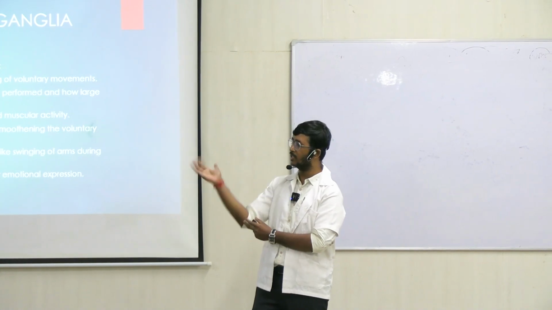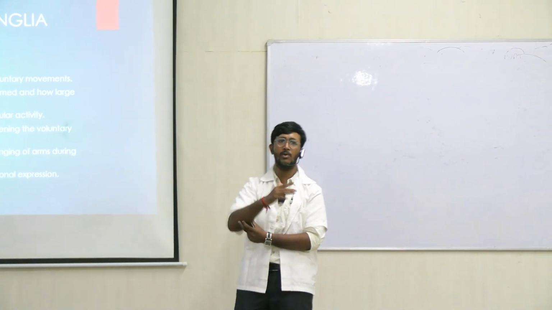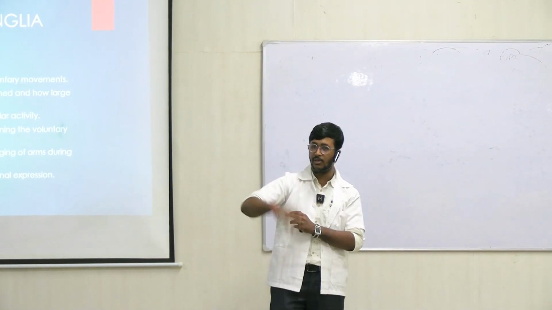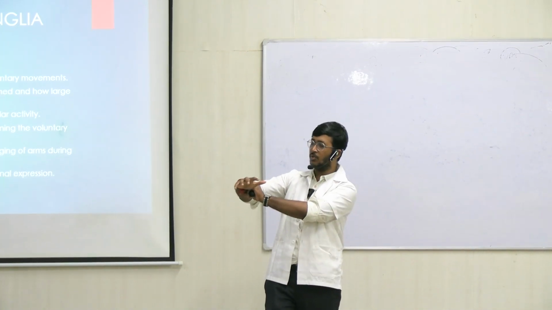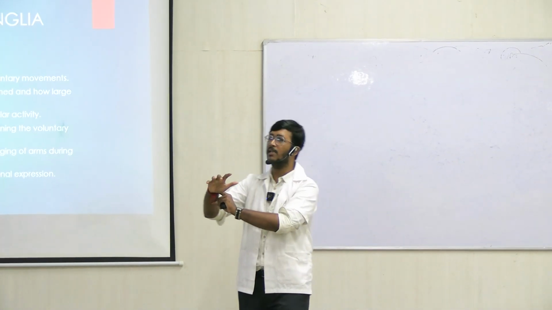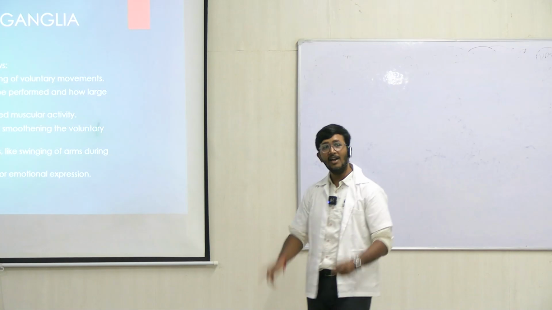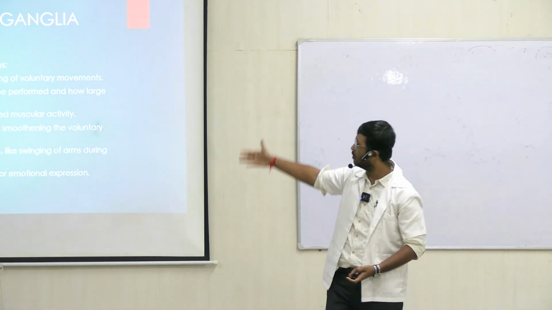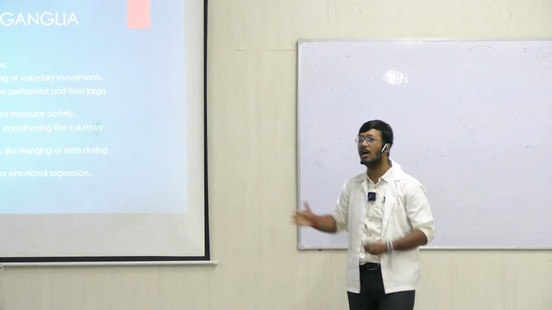They will tell that I am doing this movement whenever I am awake, whenever I am going to sleep. They will be doing like this to stop the movement. Here what happens is the subthalamus gets injured. At that time you come to know how important this basal ganglia is.